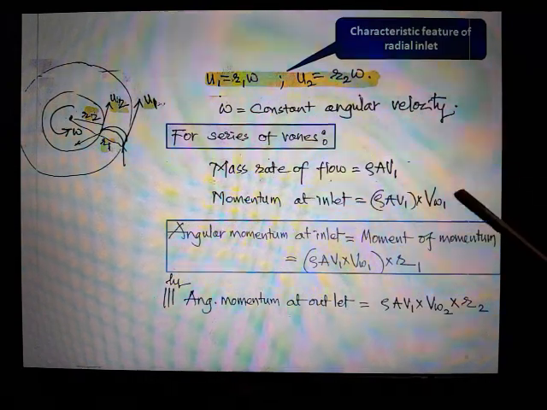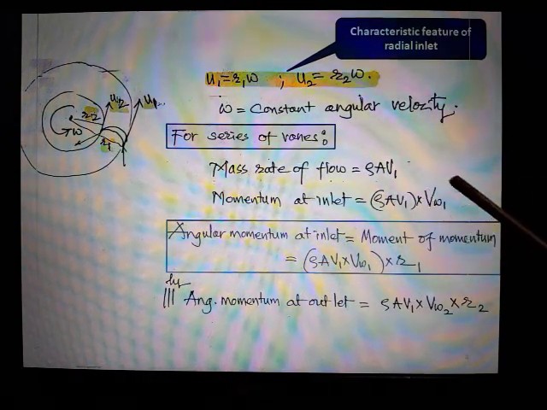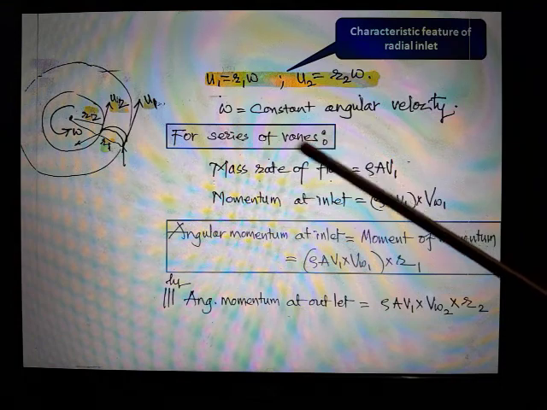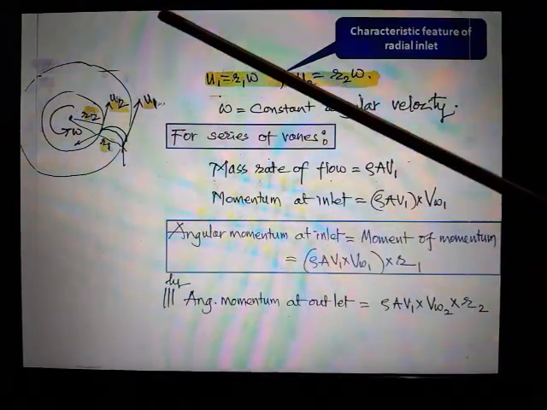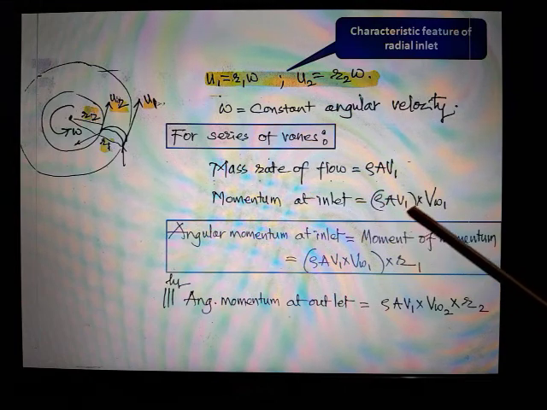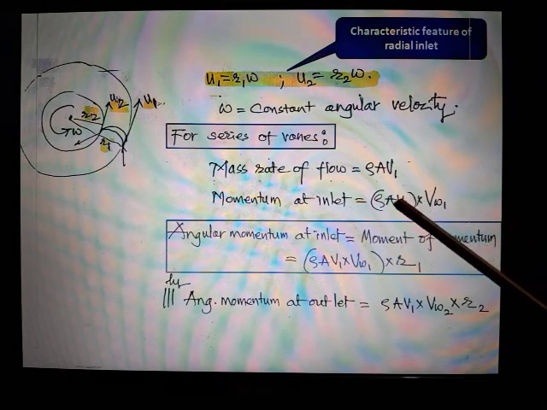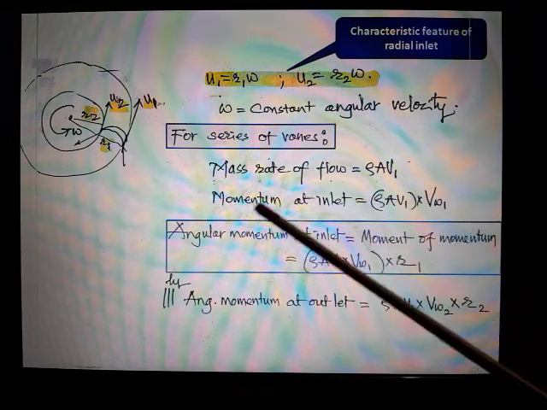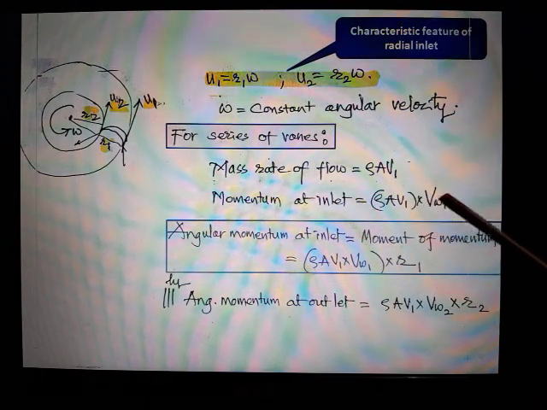We know that velocity of whirl is nothing but a component of velocity v1 in the direction of motion of u. So mass multiplied by velocity gives you momentum. So momentum at inlet is rho a v1 into vw1.